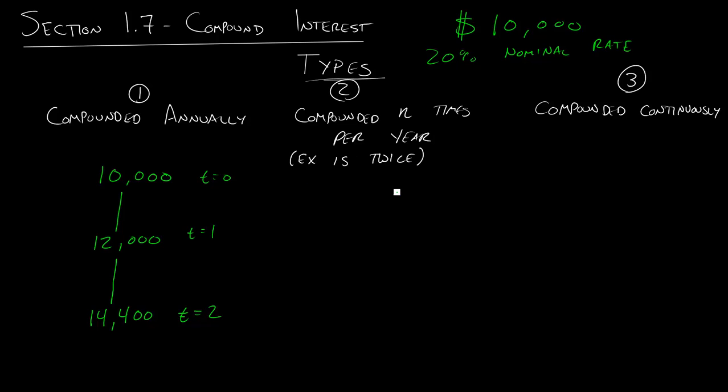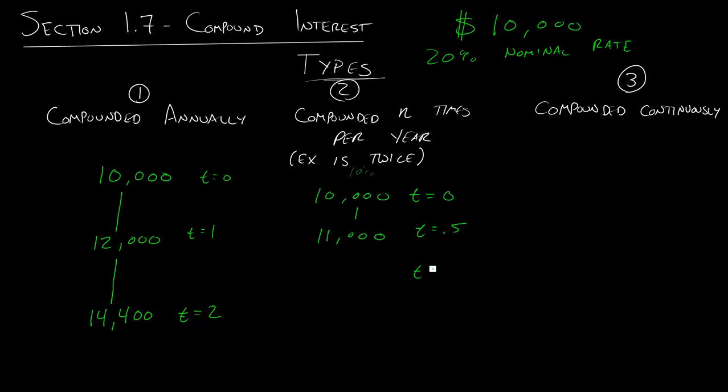Now, this next bank, remember we're only talking about the core ideas here, they're going to give me my money twice a year rather than once a year, and they're going to break it up into 2 10% payments. All right, because half of 20 is 2. So I start with my $10,000 in this one at t equals 0, and then at t equals 0.5, they're going to give me 10% of what I had before, or $1,000 to give me a total of 11,000.